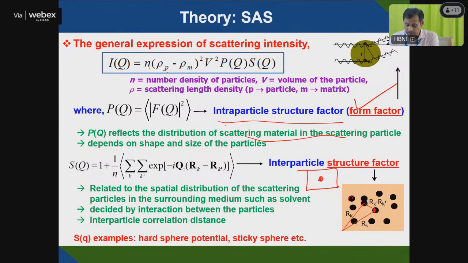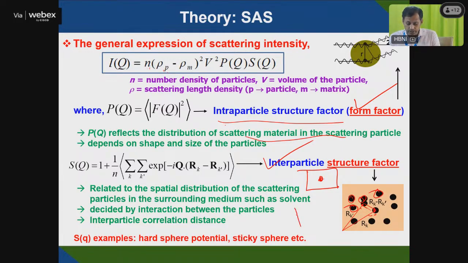Here, this is one particle, this is another particle, and so on. How these particles interact with each other is the interparticle structure factor. Mostly, examples for S(Q) are a hard sphere potential or a sticky sphere. If it is a light, spongy sphere, the interparticle interaction will be less, whereas with a hard sphere you find a hard sphere potential.